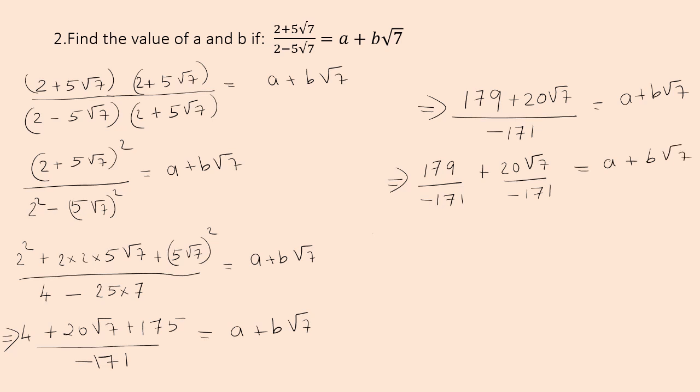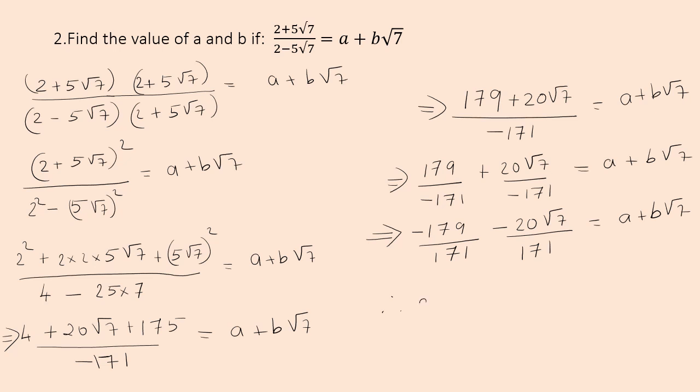Whenever you are having negative sign in the denominator, you have to take it to the numerator. So you can write it as minus 179 upon 171 minus 20 root 7 upon 171 equal to a plus b root 7. Now you compare the terms in the LHS and RHS.